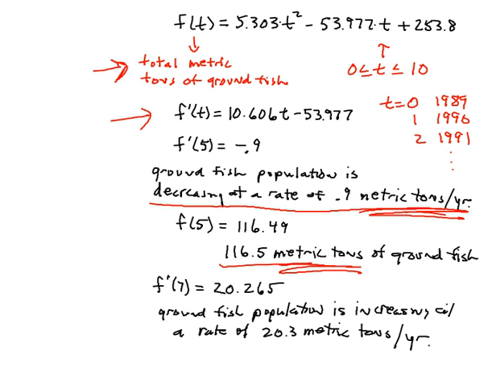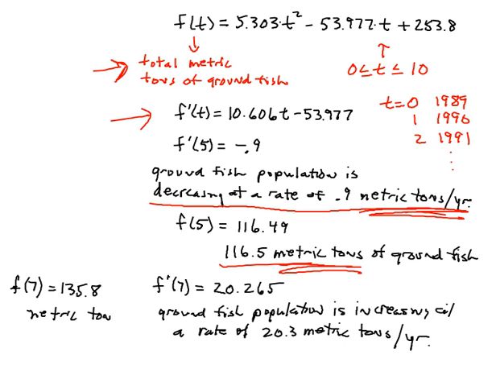As a matter of fact, let's calculate how many groundfish there were at the beginning of 1996. Now that kind of question, again, I'm going to use the original function because I'm asking how many groundfish were there at the beginning of 1996. So I'm going to evaluate the original function at 7, and I get 135.8 metric tons.